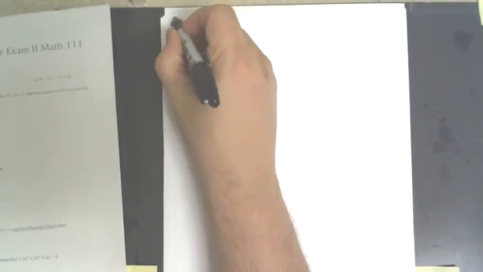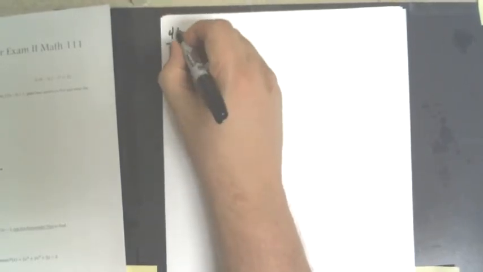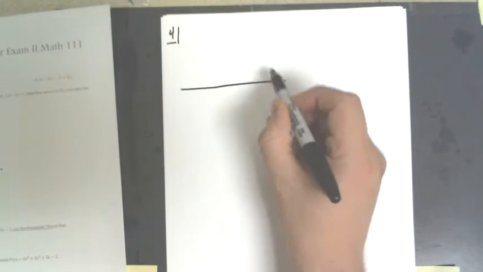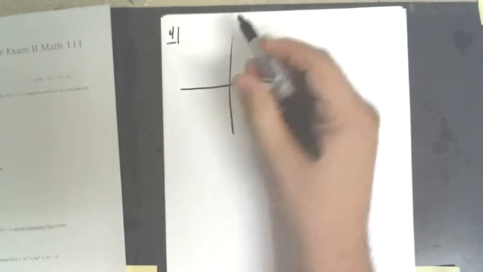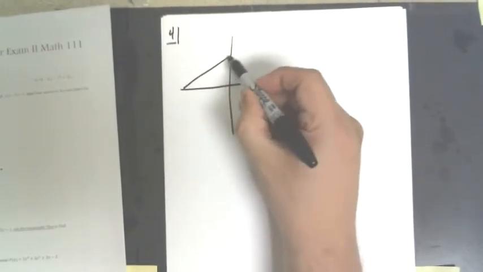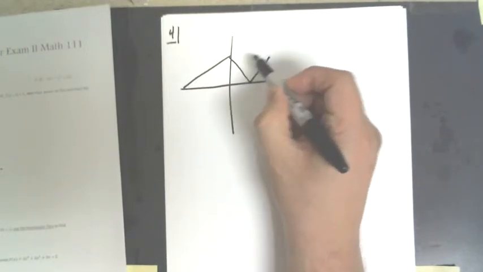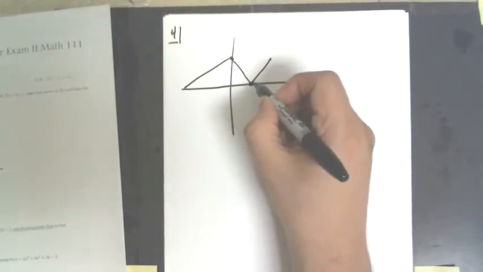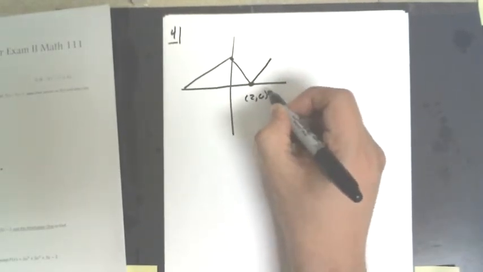Okay. Number 4. Now, number 4, you're given a function in graphical form. So you're given this nice function. And one of the things you're asked to do is label some points. So real quick, I'm going to label some points here. That's 2, 0.